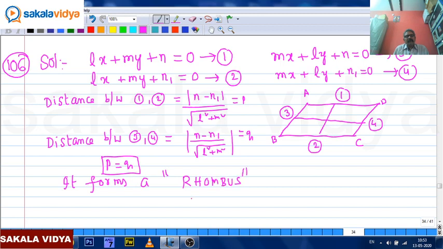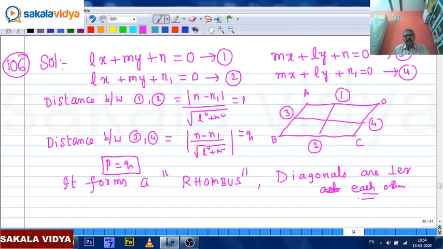We know that in a rhombus the diagonals are perpendicular to each other, and also bisect each other.